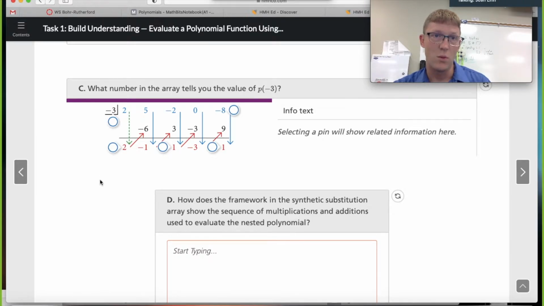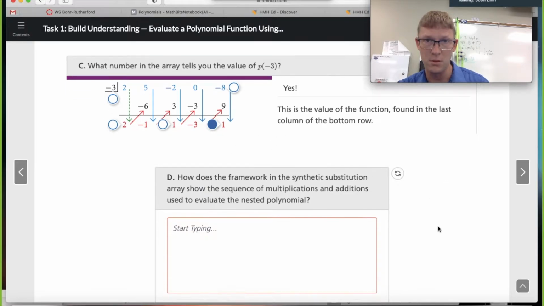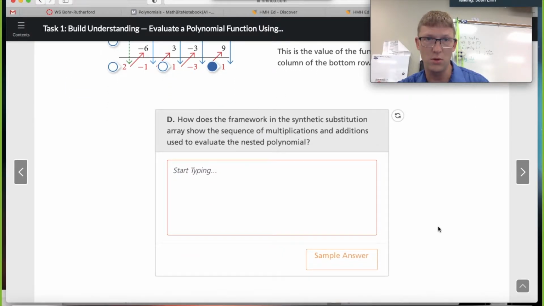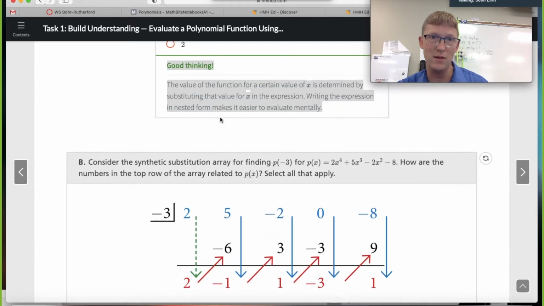So let's see here. What number in the array tells you the value of p of negative 3? So we already talked that it's that one right there. And then you are good to go. How does a framework in synthetic substitution array show the sequence of multiplications and additions used to evaluate the nested polynomial? So it follows the same pattern as our nested polynomial.